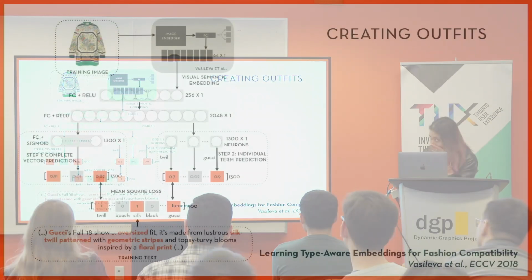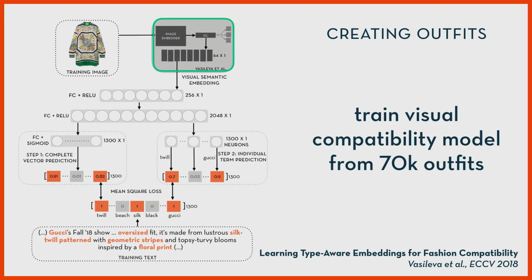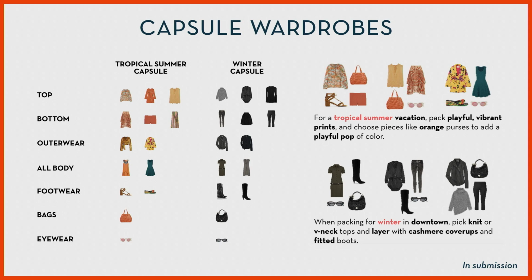So the other thing is you can actually hook up this architecture to other models to do things like outfit compatibility. I'm going to gloss over this, but basically you can do things like generate capsule wardrobes. So how many of you know what a capsule wardrobe is?